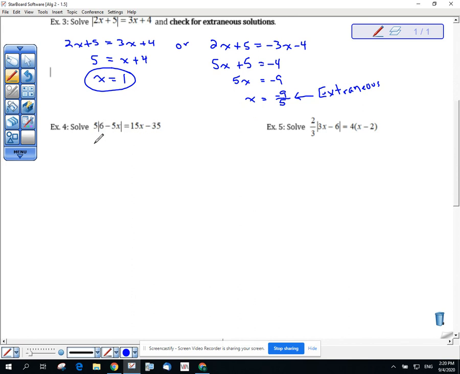Here we should divide by 5. So the absolute value of 6 minus 5x, and then you're dividing both terms here by 5. This would be 3x minus 7.